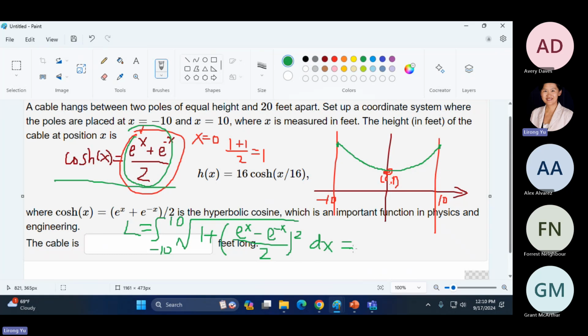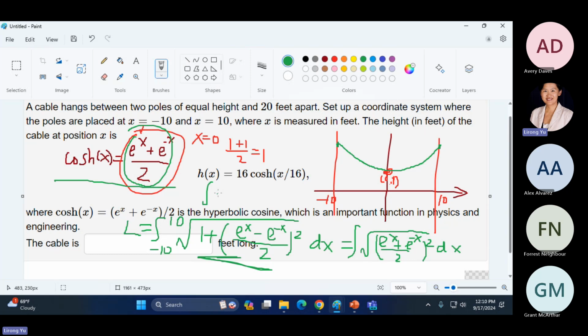That 1/2, you get +1. It's plus, right? So we have a perfect square, which is why the root part is going to be the root of e to the x plus e to the negative x over 2, squared. So once you have the 1 added to it, it becomes a square of another two-term expression, and the square cancels the square root.